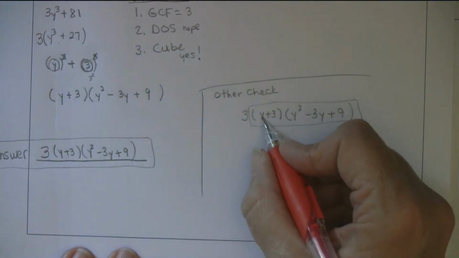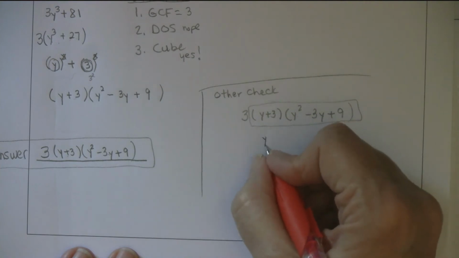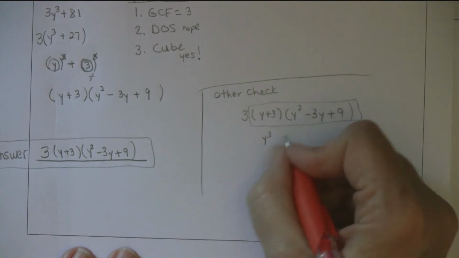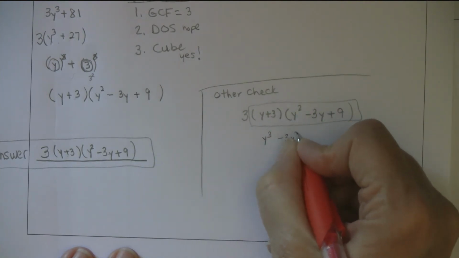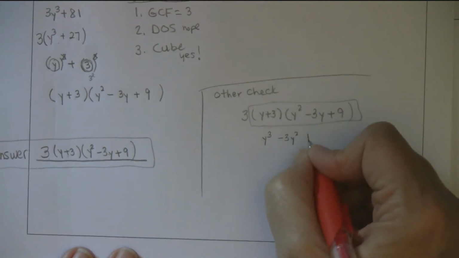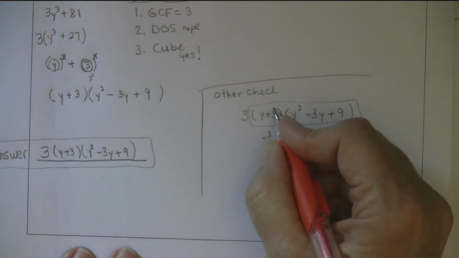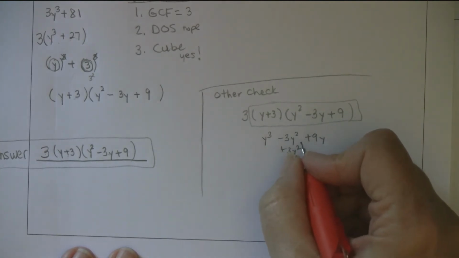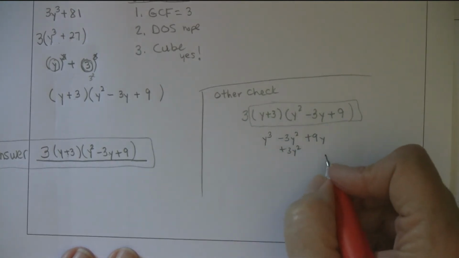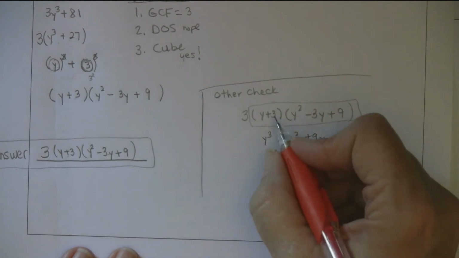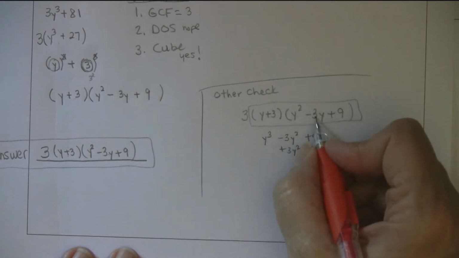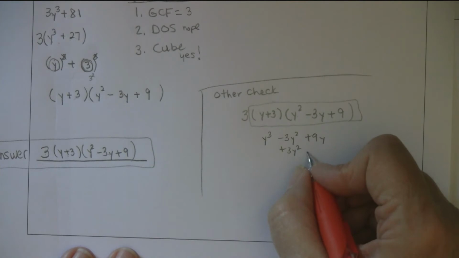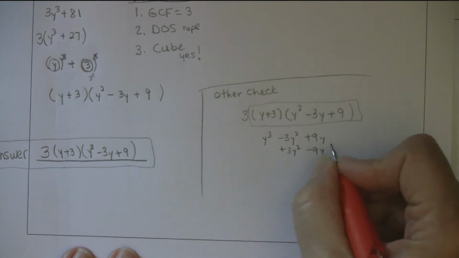So when I do y times y to the second is y to the third, y times here minus 3y squared, y times here plus 9y, here plus 3y to the second. I'm not surprised because I tried to make it like that by using the formula. The formula did it. So here is minus 9y. I'm not surprised.